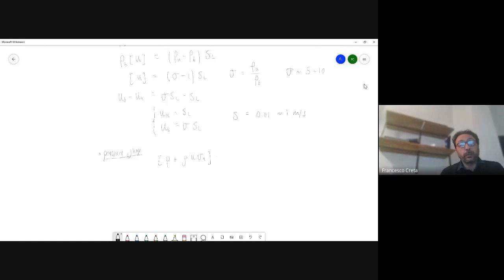The jump of this quantity is 0 across the flame, where by definition Vn, remember, was Un minus W. I will skip, so you essentially substitute this quantity here, expand the jump operator, and you'll get something like this.